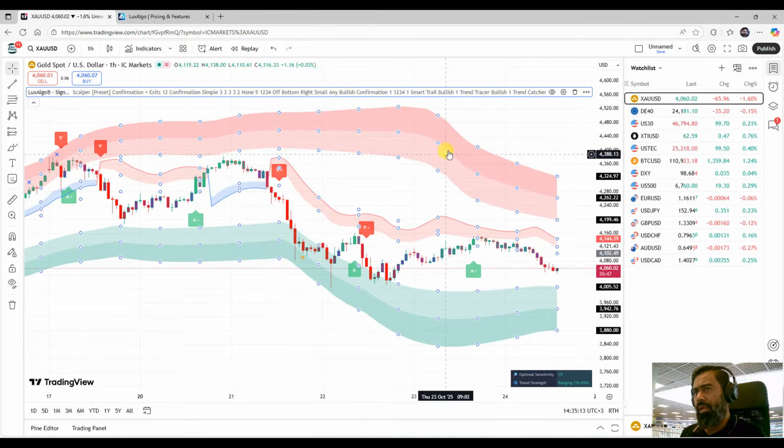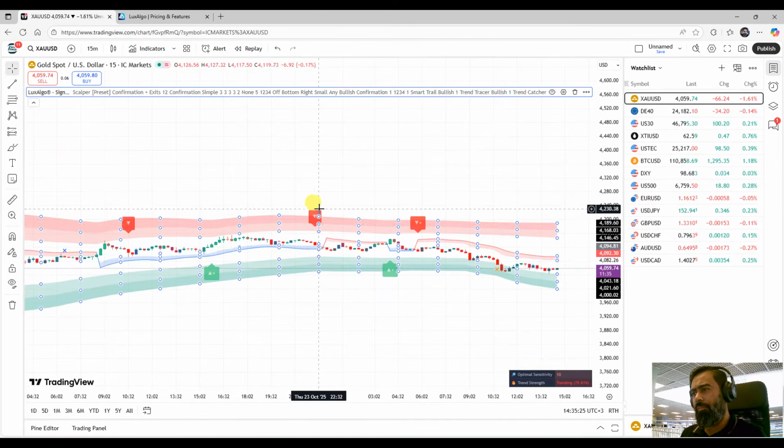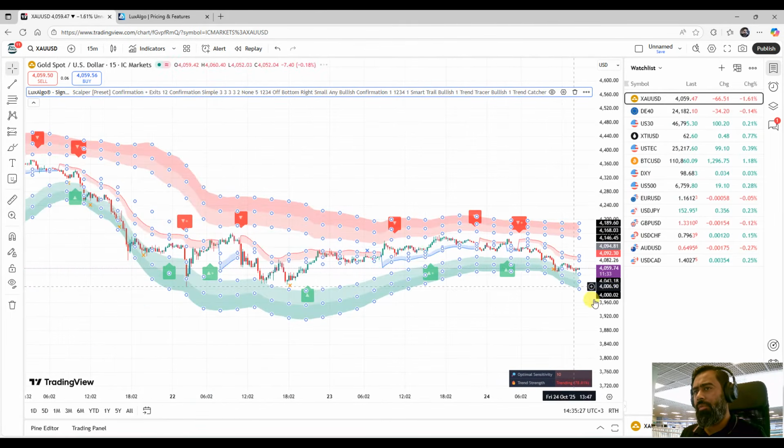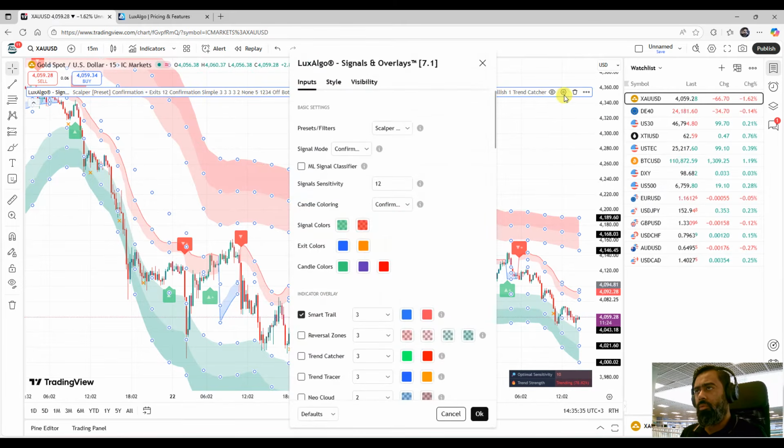Whenever the market touches the upper red channel zone, it's going to be a sell. So it's a simple logic. Mostly scalpers go down to the M15 time frame and trade on this. Whenever it hits the lower zone, they buy. Whenever it hits the upper zone, they sell. So that is how the scalper mode works.